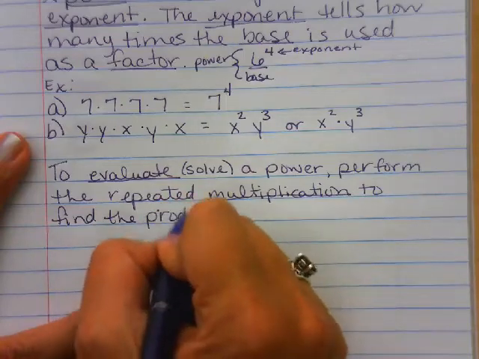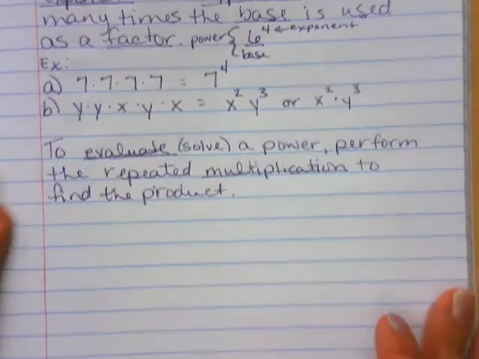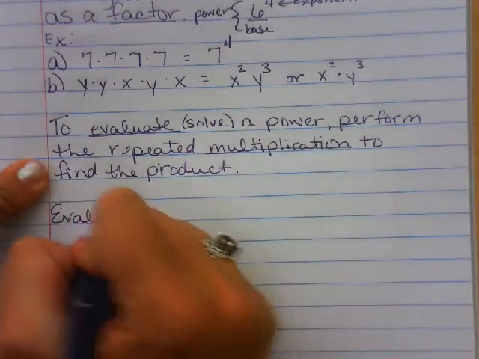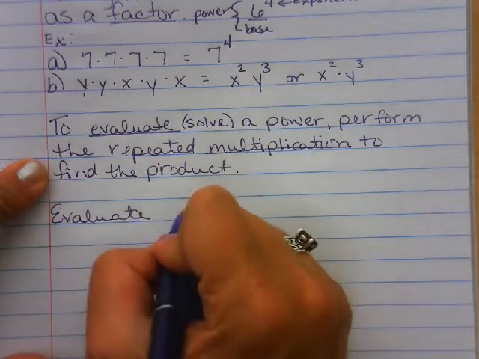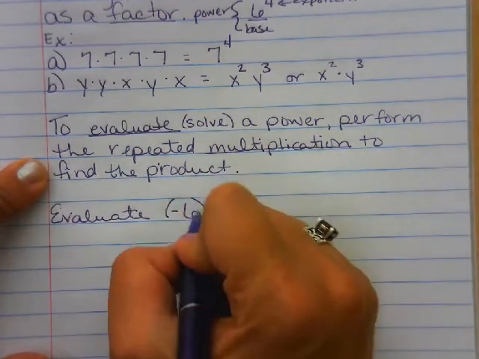These underlined words are just going to be those keywords that we're looking at. So here is an example. If I said evaluate negative 6 to the 4th power.